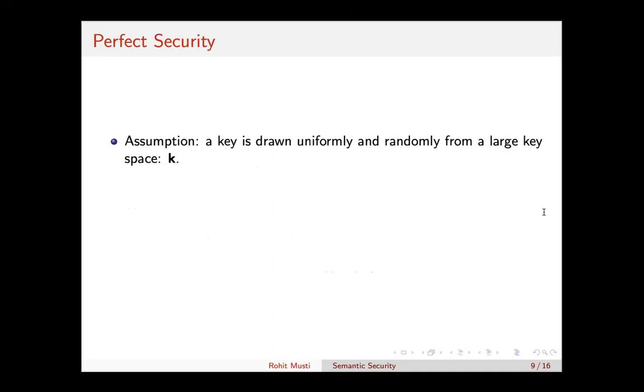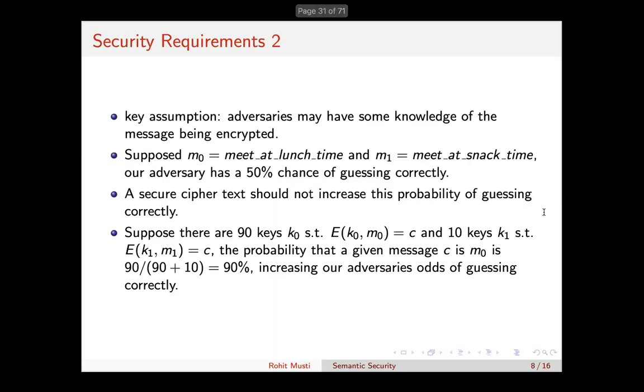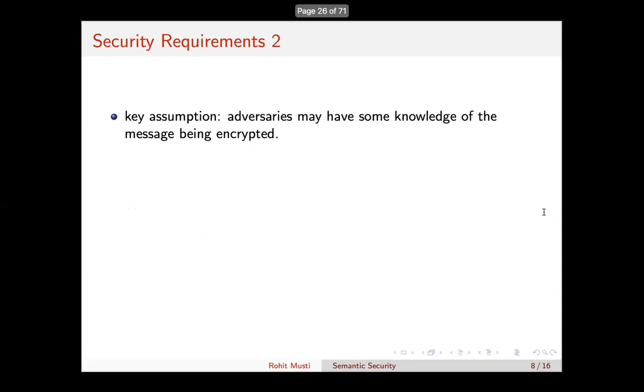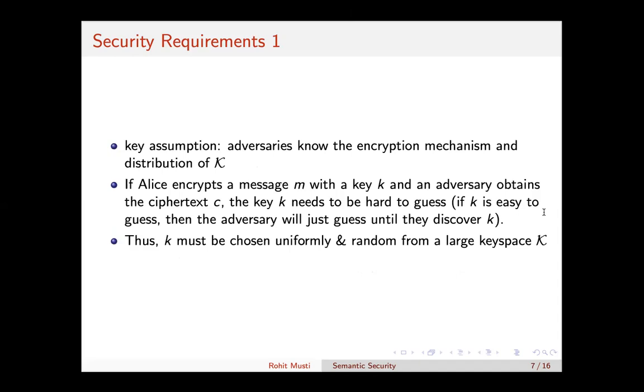Now, any questions on security requirement 2, that we need to assume that the adversary may have some knowledge of the message being encrypted? Or security requirement 1, adversaries know the encryption mechanism and the distribution of the key space K?